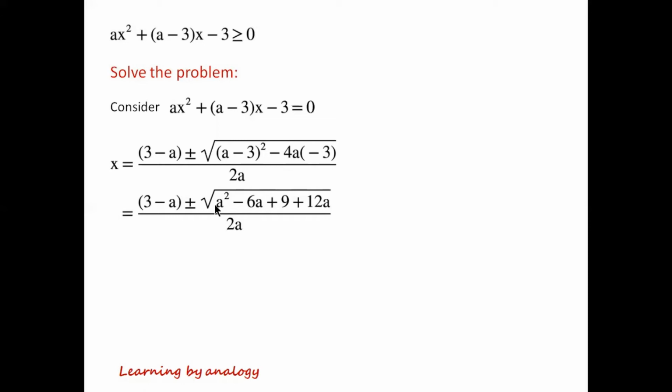Simplifying, we have (3 − a) ± the square root of a² − 6a + 9 + 12a, over 2a.